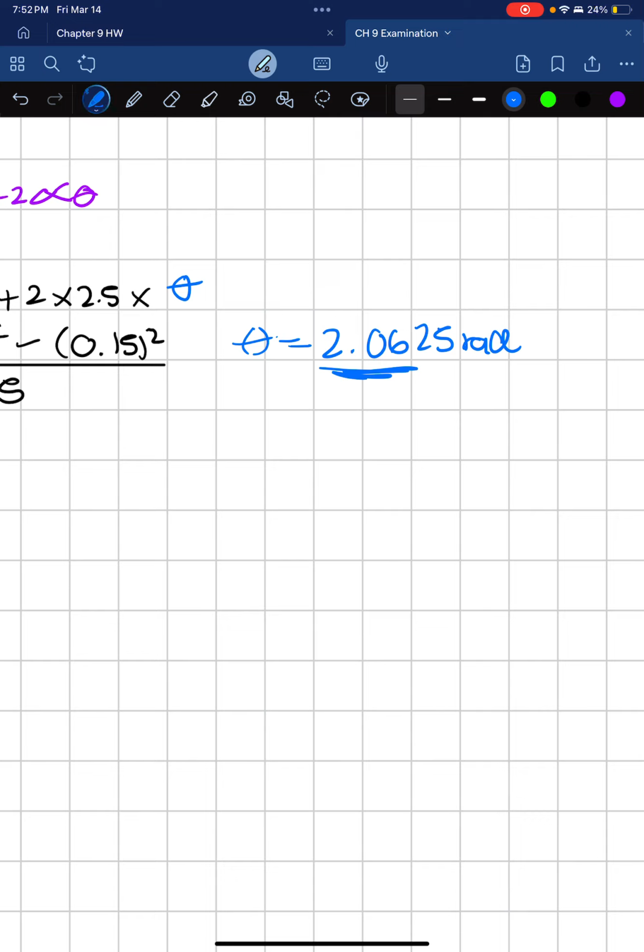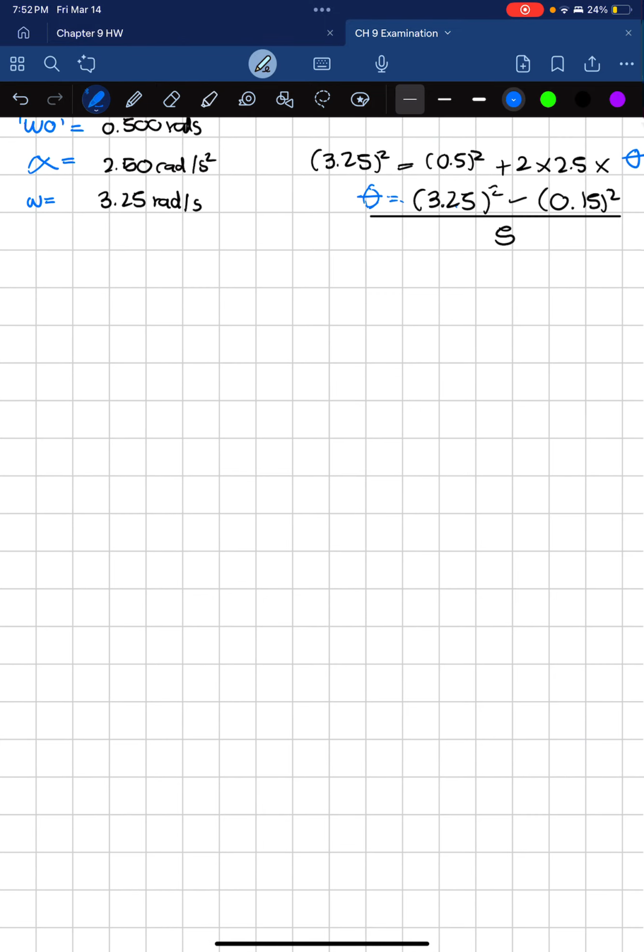Let's go ahead and go with part B. Calculate the angle from part A in degrees. So we've previously done this before for all of the other chapters. To calculate from radians to degrees, we put this right here.